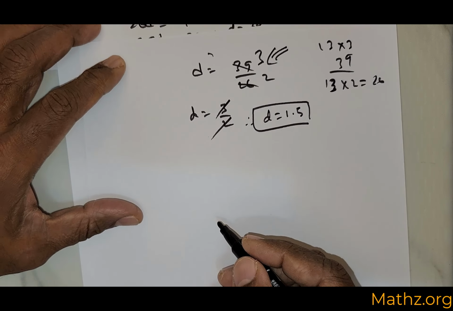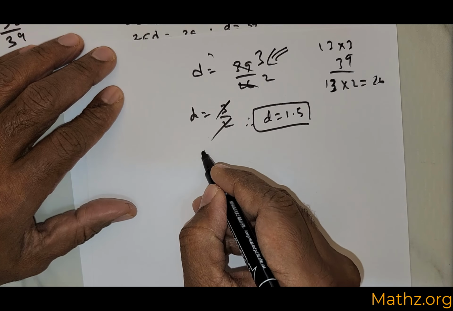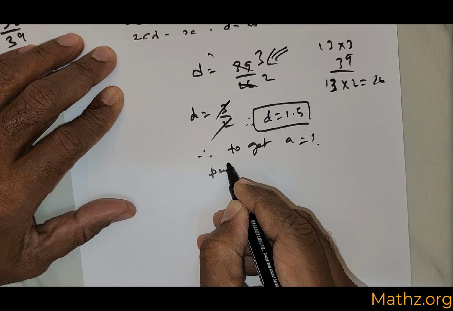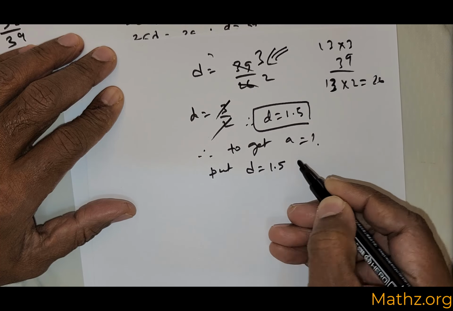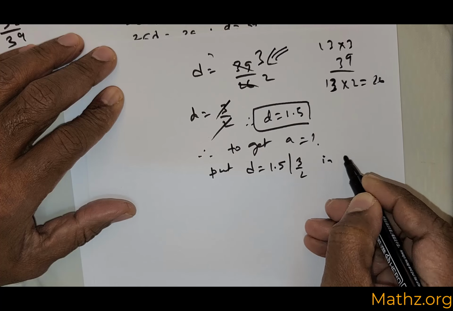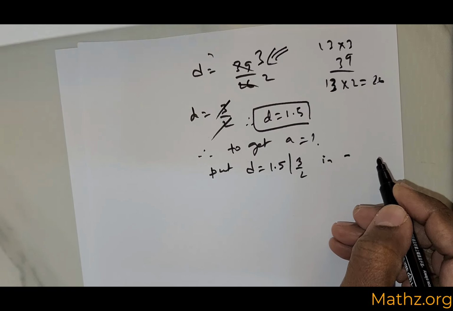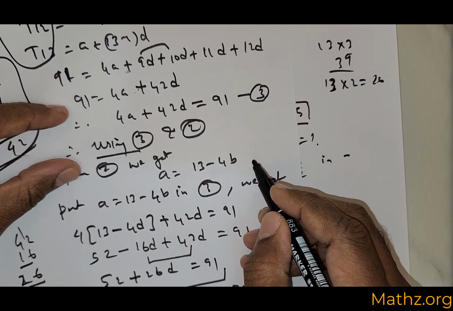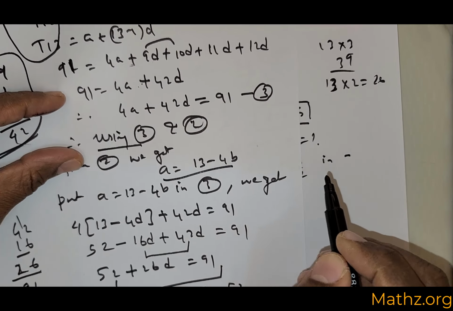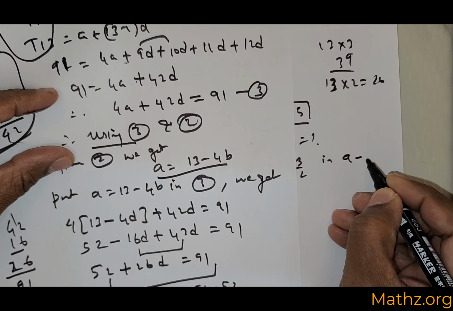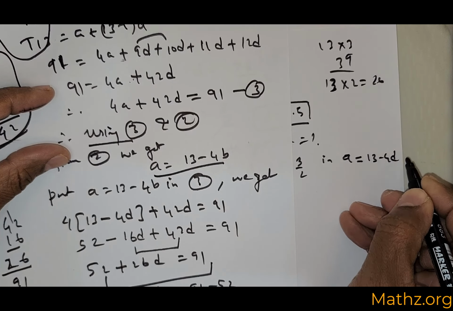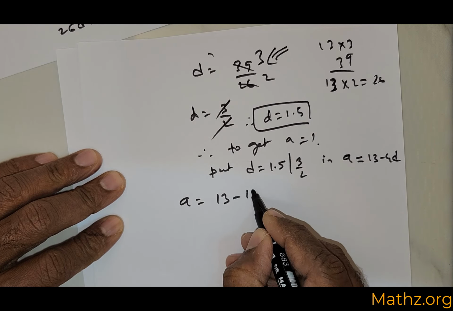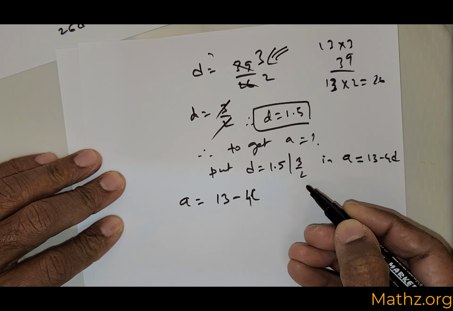Now the question is, you need to find the value of a. So therefore, to get a, put d is equal to 1.5 or 3 over 2 in 3 or 2, probably you can just substitute it over here. Right, in a is equal to 13 minus 4 times d.